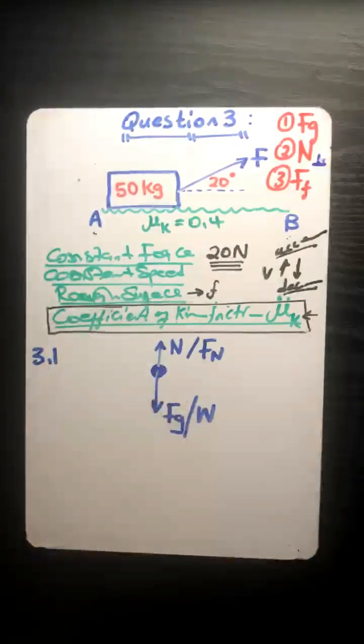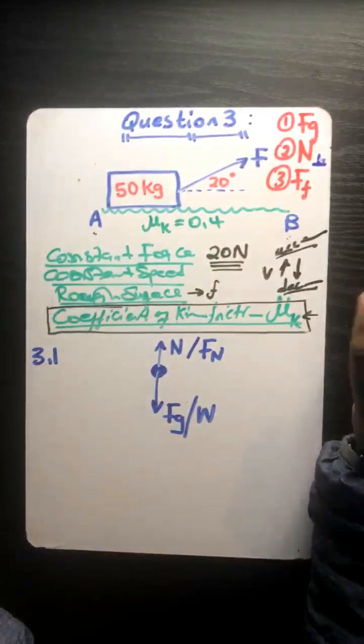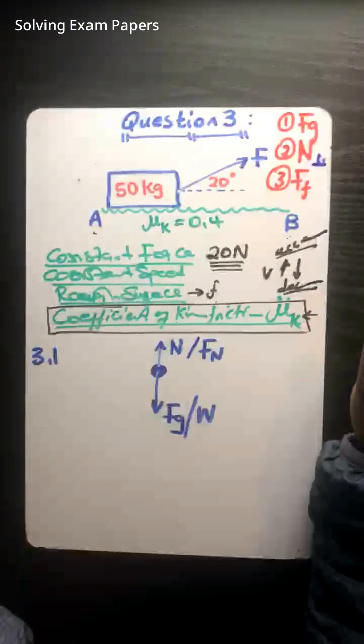Some may say opposite to the applied force, but the reason I don't want to say that is because sometimes you do not have an applied force, but still the object moves. That is why I like saying the frictional force is in the opposite direction to the direction in which the object is moving.